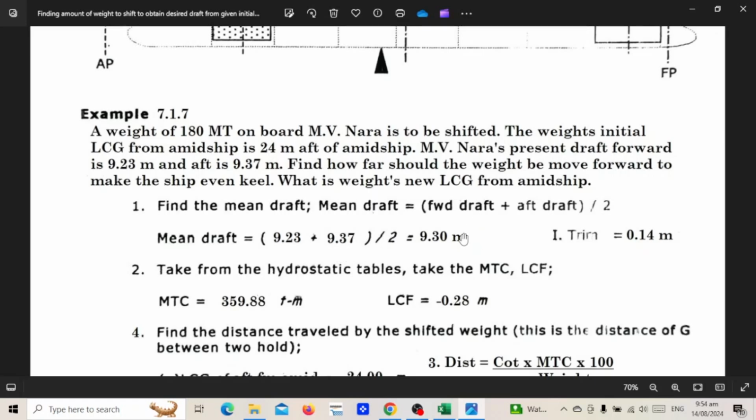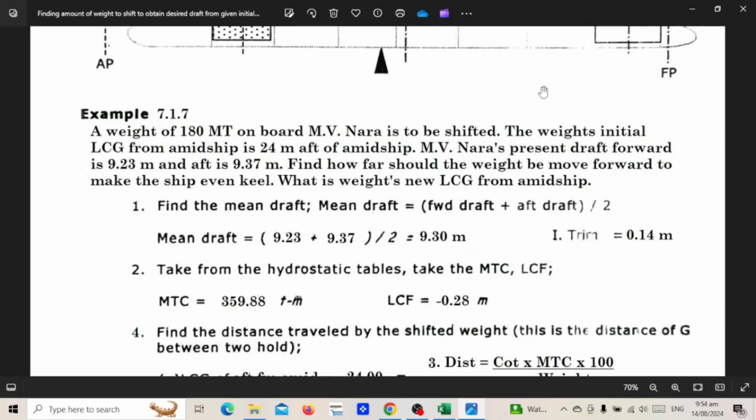This will be your mean draft of 9.30. And it says here that you have a trim of 0.14. Meaning aft draft minus your forward draft, then you have a trim of 0.14. So you are trimmed by the stern.